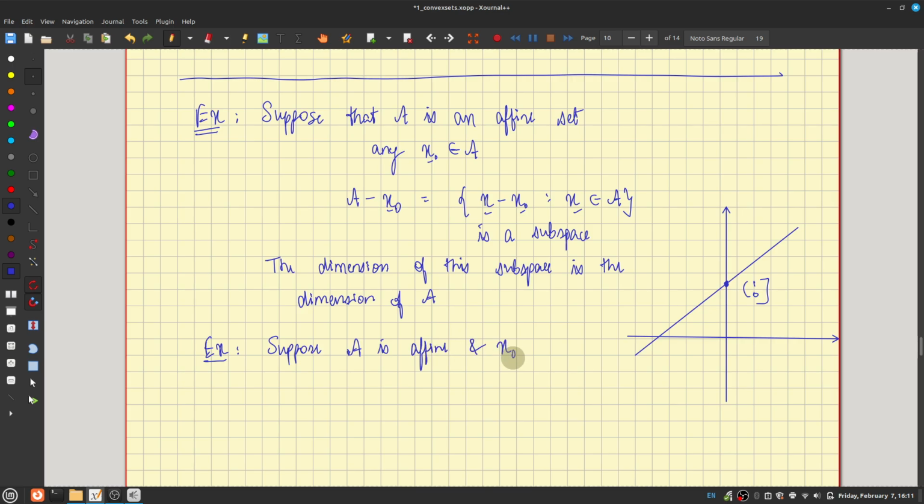Now you can define the following sets: A minus x0 and A minus x1. You know that both of these are subspaces. The question is, do these two give you the same subspace, or are the two subspaces actually different?